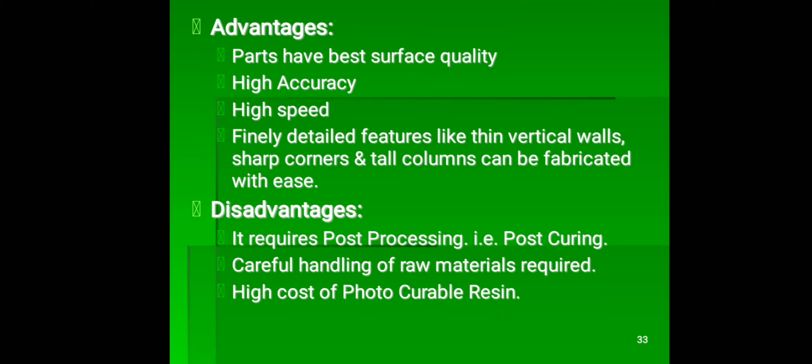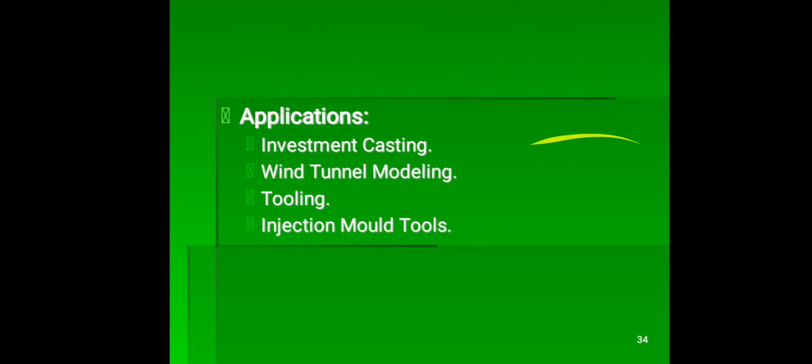And one more thing about it, this is one of the oldest technologies developed in the field of rapid prototyping. An application is investment casting. You have seen artificial jewelry or even real jewelry, so it works as the mold basically.